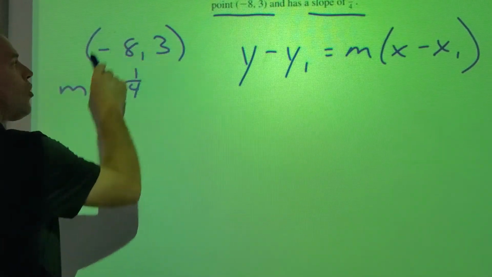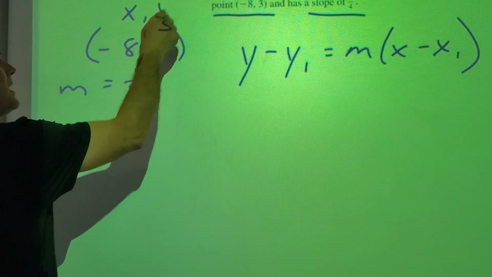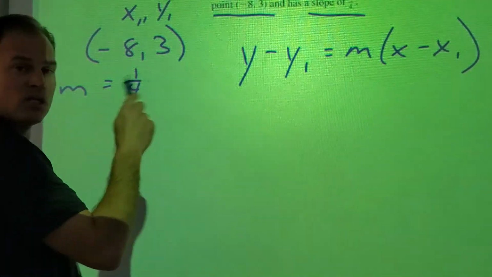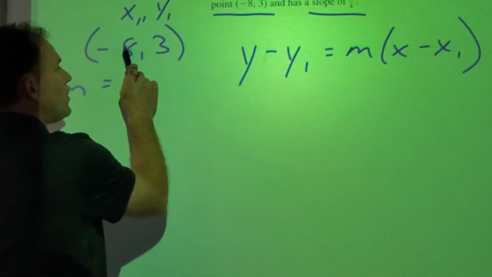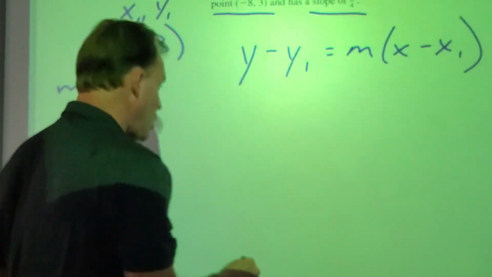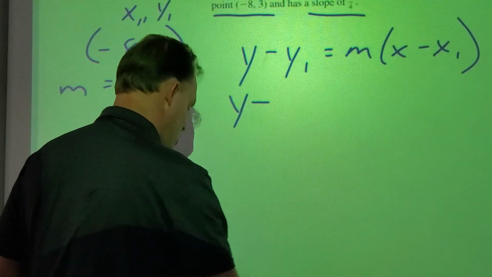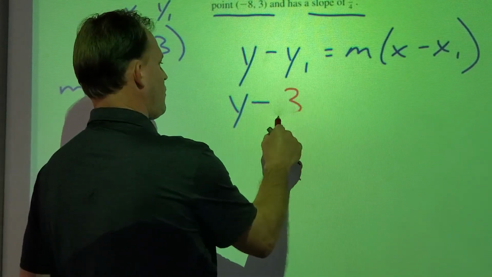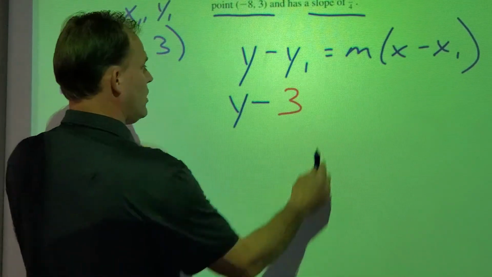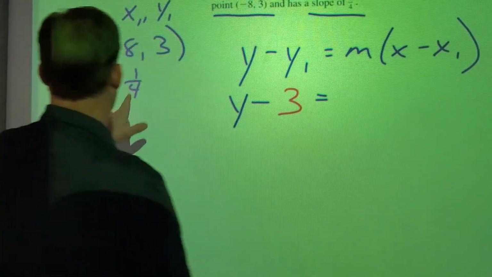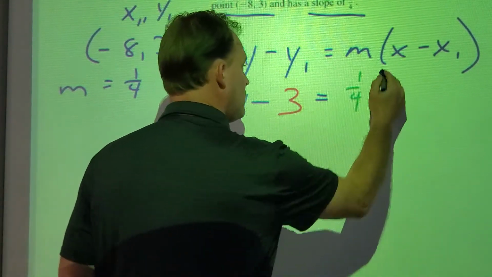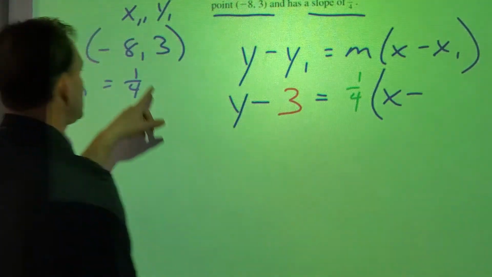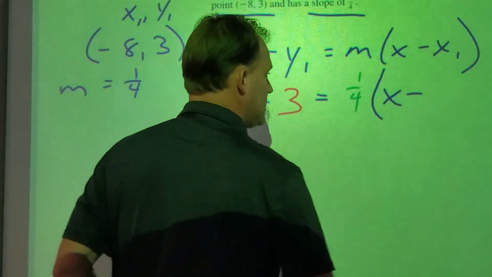Remember, all coordinates are written x, comma, y. So that makes this x1 and y1. When we substitute here, we grab these numbers. So, y minus 3 equals the slope 1/4 times x minus negative 8.